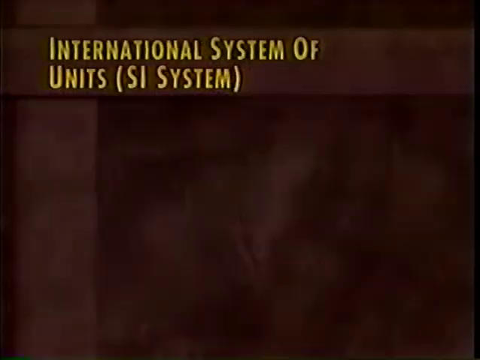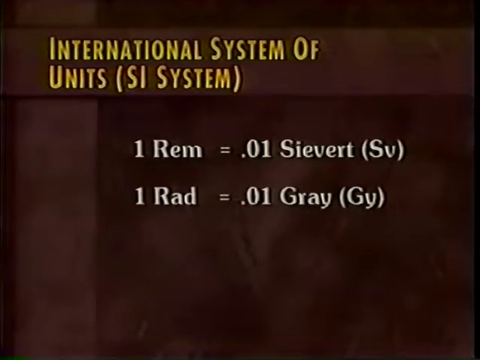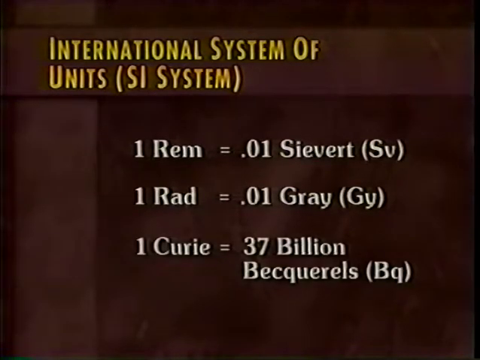As a result, it's been internationally agreed that the units we're all familiar with should be changed to the international system of units known as the SI system, wherein 1 Rem equals 0.01 sievert, 1 Rad equals 0.01 Gray, and 1 Curie equals 37 billion becquerels. And in the SI system, there is no equivalent unit for the Röntgen.